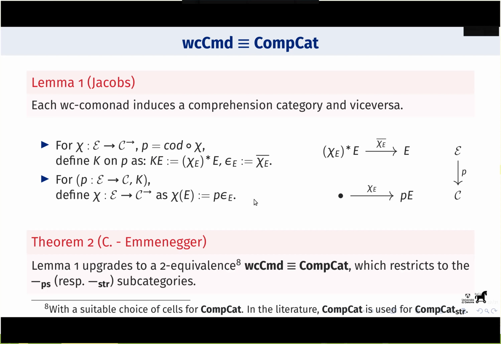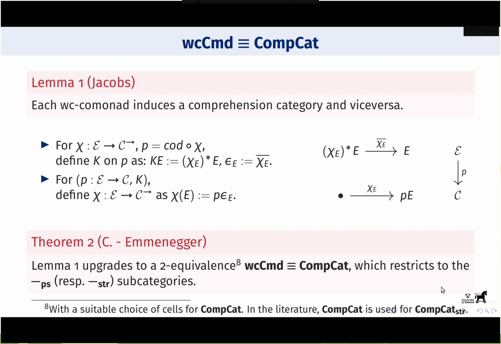And we have shown that these upgrade to a two equivalence, which then restricts to the respective subcategories. And maybe in the literature you may have seen the category of comprehension categories, but we use that in this lax sense. What we usually see in the literature is that of strict morphisms. Okay, so WC comonads and comprehension categories are neatly related.